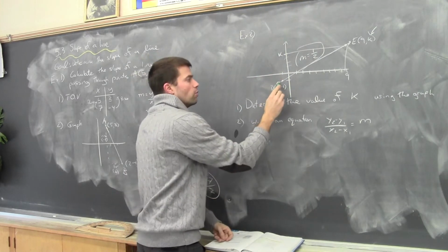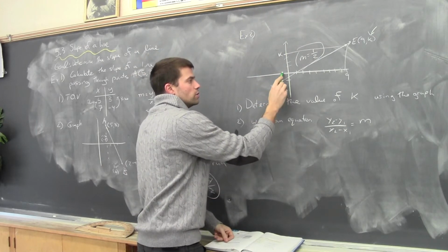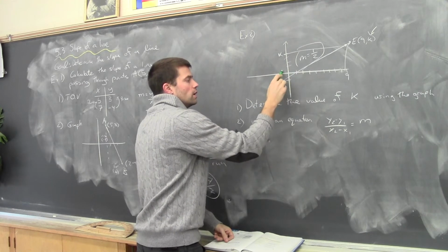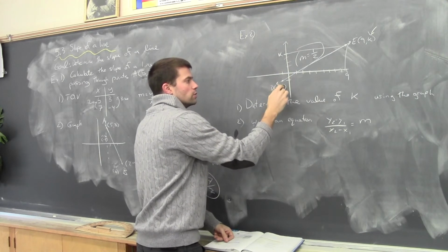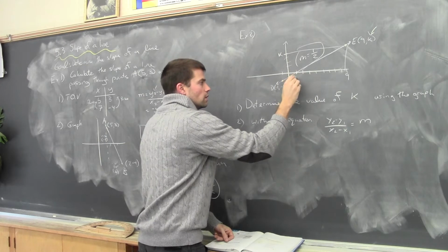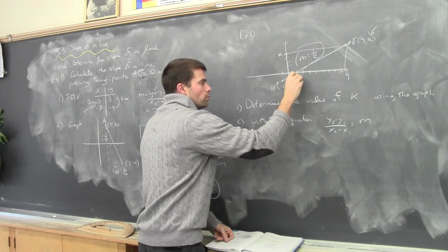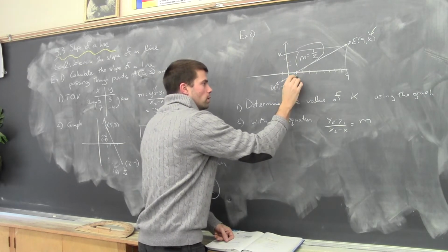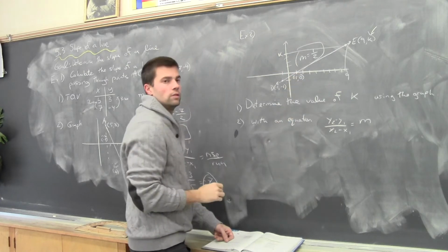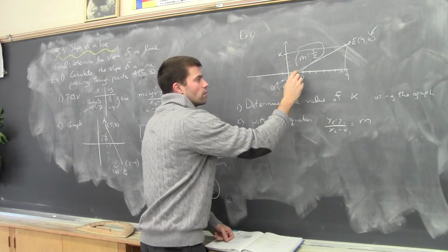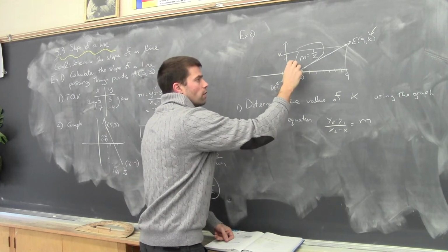So this becomes positive 1 as it rises 1. So it would be 0, 0, then 1, 0.